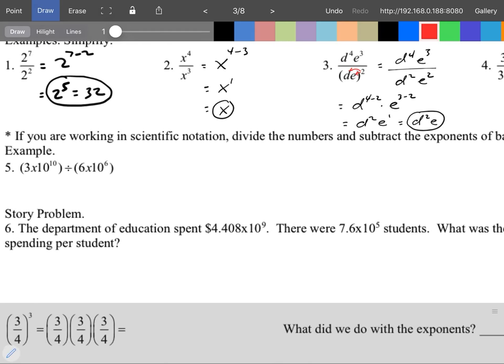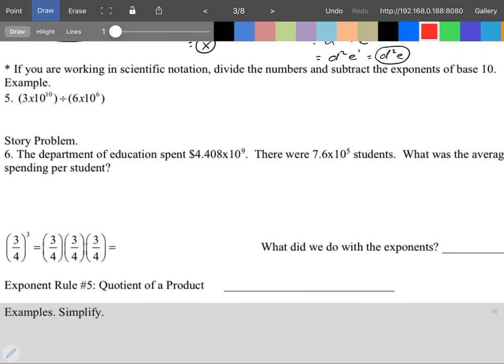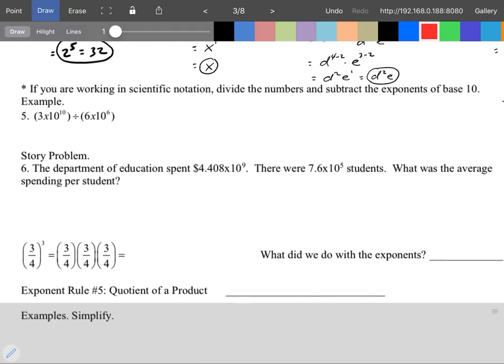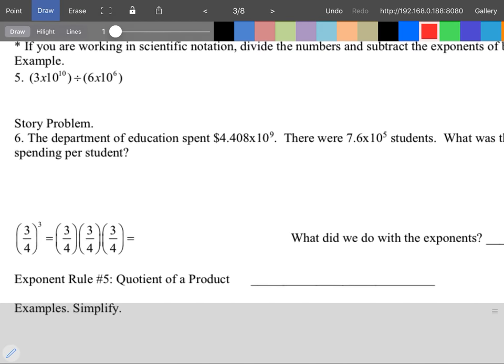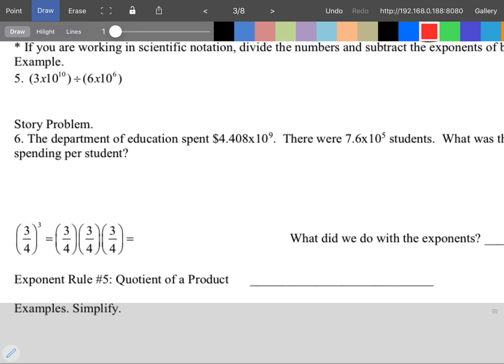Well, let's keep going here. The next thing they talk about is scientific notation. And they want us to divide these two numbers that are in scientific notation. So let's take a look at that.